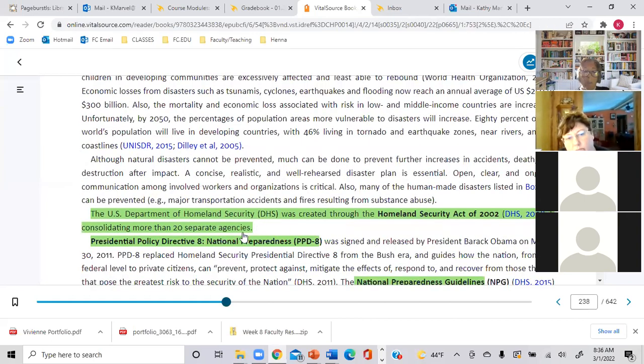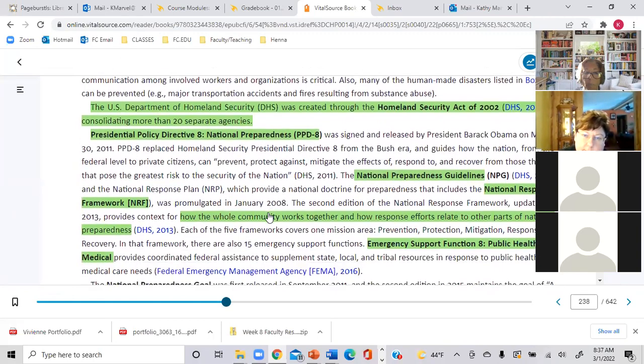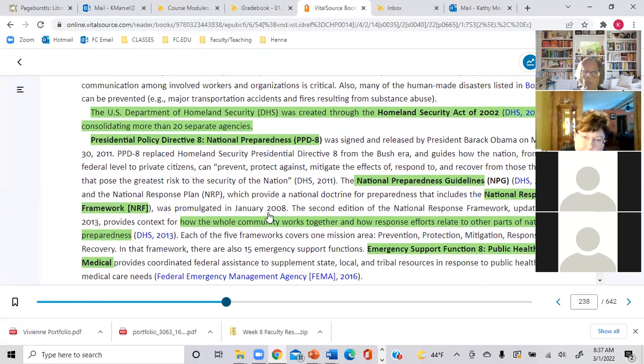What are the organizations that are going to help us in a disaster? Okay. Department of Homeland Security is going to oversee everything. Right, but there's some other organizations that are going to help us as well. Okay, the national preparedness guidelines.